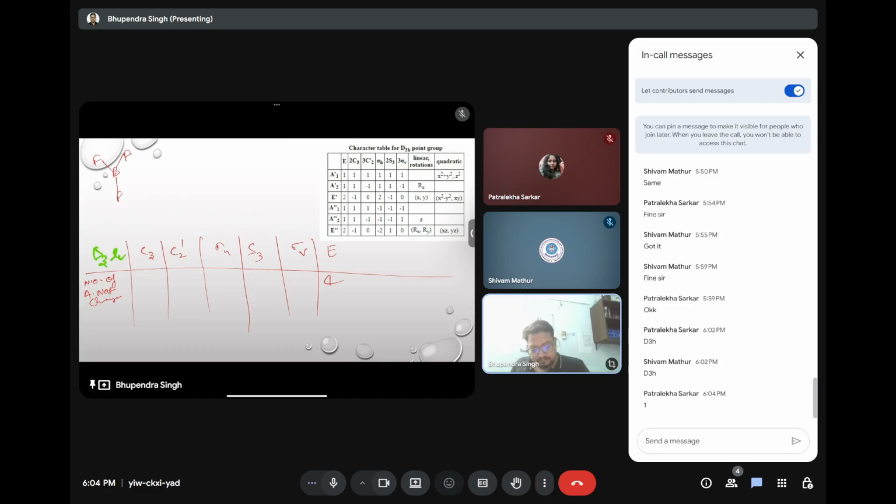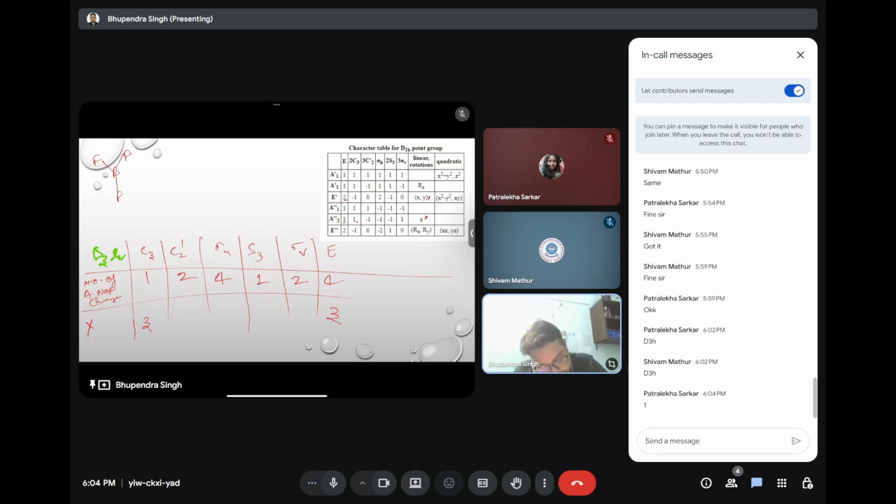C2, 2. Sigma h, 4, because the molecule is in the plane. S3, only boron will remain, and for sigma v it is 2. Then the character you can determine by multiplying.